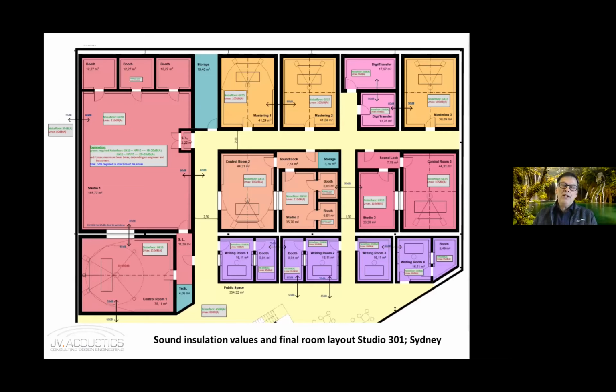And this is already, to be honest, the first draft. But you can see that this is about the needed sound insulation between the rooms and to the neighbors. So it's all about the noise floors in each room, which is defined here, the maximum level in each room also, and then the needed isolation values between all these rooms.